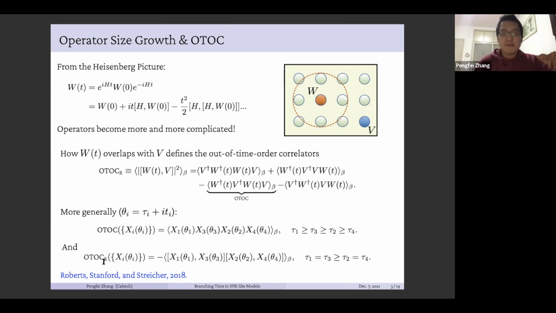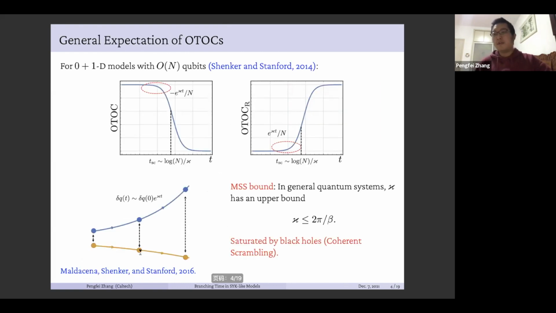On the other hand, for the retarded OTOC, we choose tau 1 equals tau 3 and tau 2 equals tau 4. Generally, for 0+1 dimensional large N models, which will be our main focus today, the out-of-time-order correlator or the retarded OTOC takes the following form.